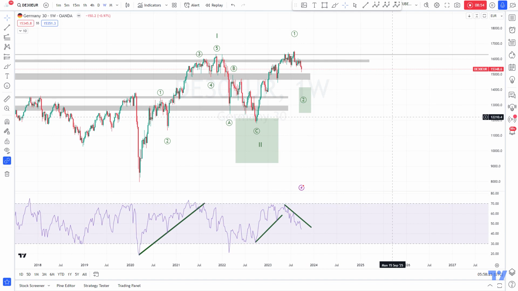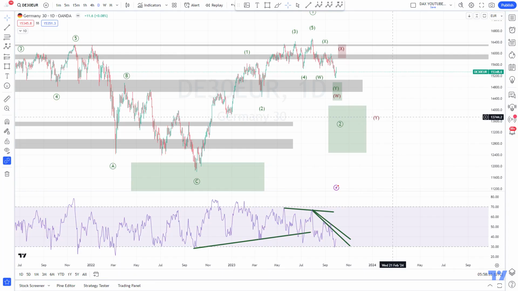This is a way to protect yourself against this, and of course, as always, also proper risk management. This is also a protection against a sudden and unexpected drop here as a wave C. So it's something that is possible, but it's not my primary scenario.